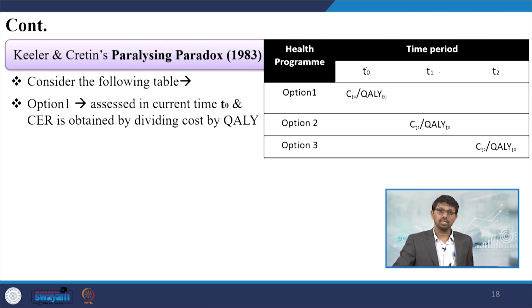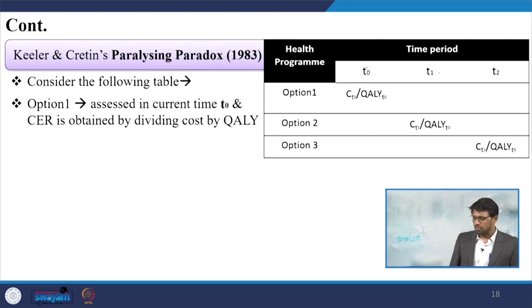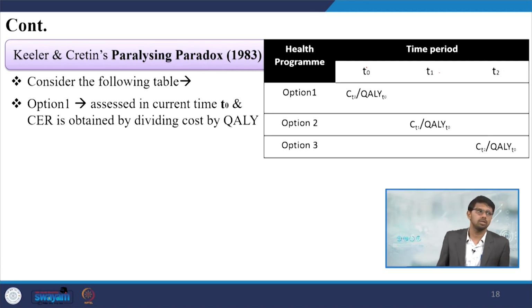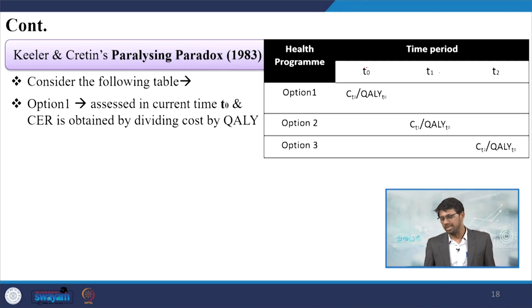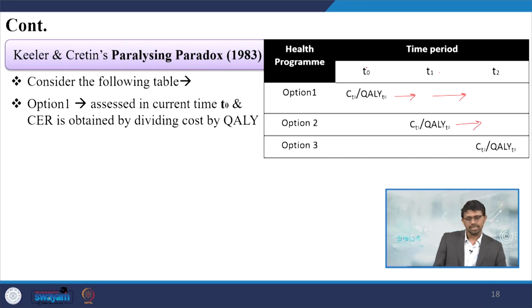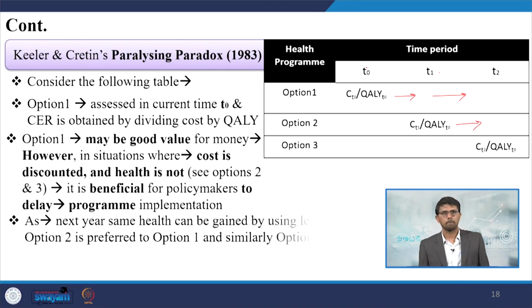Usually in the healthcare context it is difficult to say that, but in the general project context, if you are incurring your cost in the next year but your return is the same, it is better to incur it in the next year. Similarly, it keeps on postponing to the next period, because your outcome is not going to be discounted. Hence this keeps getting deferred to the next year. Finally, the project never gets to an end. Hence that is called a paralyzing paradox.